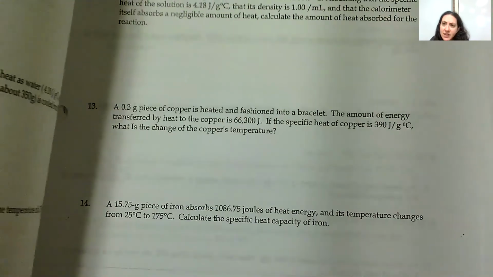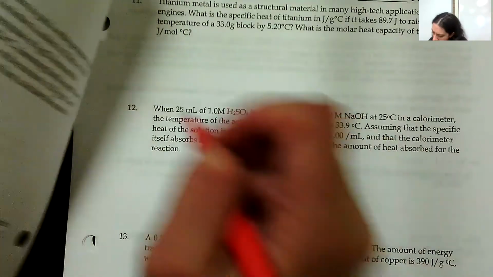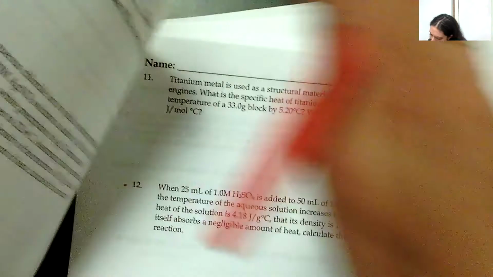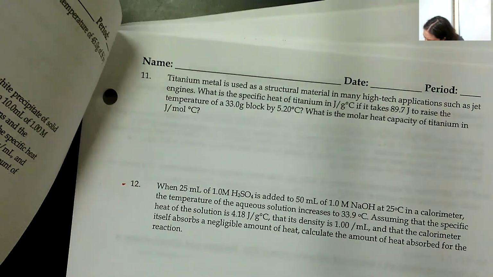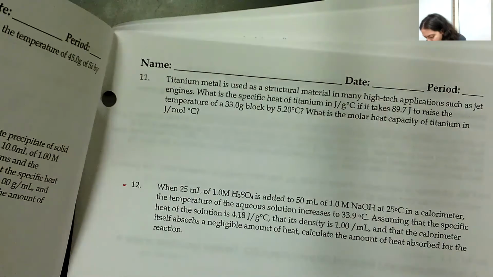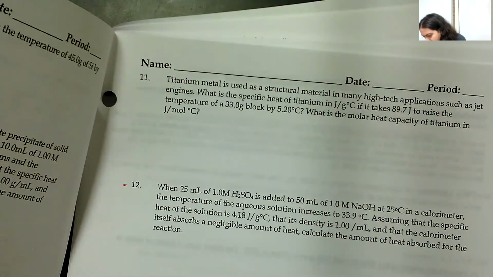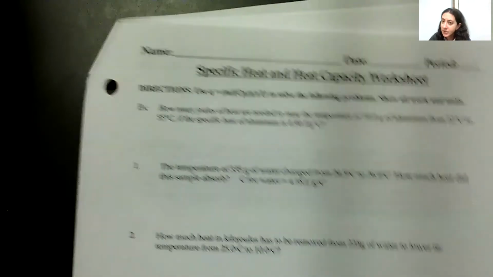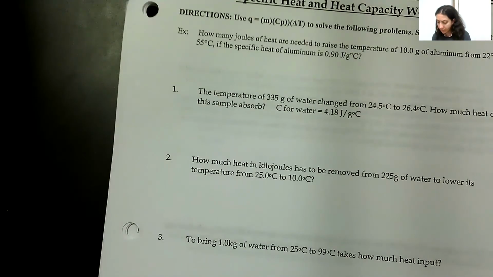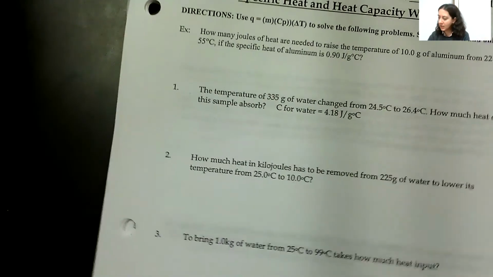I think there's a couple. Like here, number 12 is one. Yeah, 12 is similar. Some of these are a little funky, but anyway, I'm going to go over those. So that's all of those problems that at this point, I think you can kind of handle.